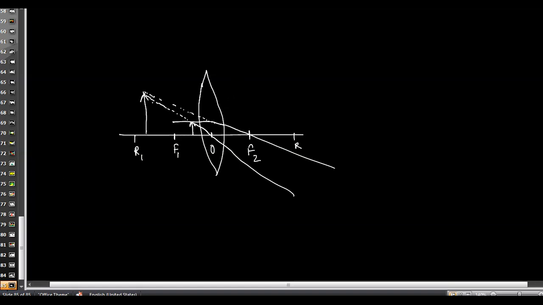So you always have to keep in mind that a virtual image is formed by all the lenses and all the mirrors. If I'm talking about the convex lens or concave mirror, and if I'm talking about the convex mirror, concave lens, this one is concave lens, and this one is convex lens.